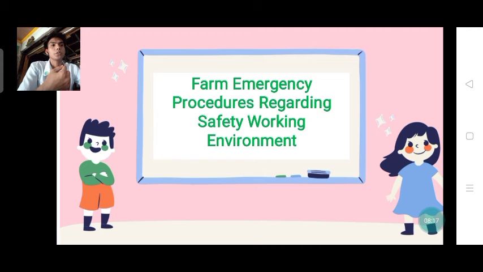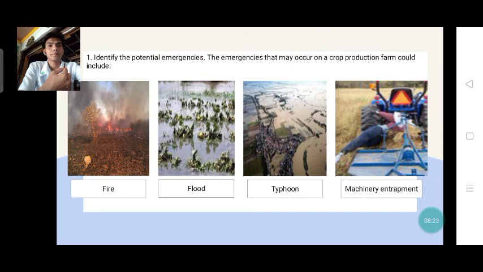Farm emergency procedure. In the farm emergency procedure regarding a safe workplace environment, first, identify the potential emergencies. The emergencies that may occur on a crop production farm could include, as we can see in the picture, fire, flood, and typhoon.